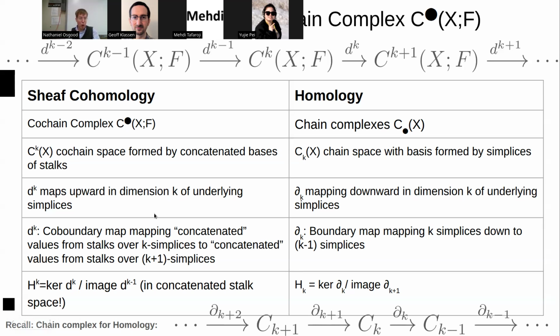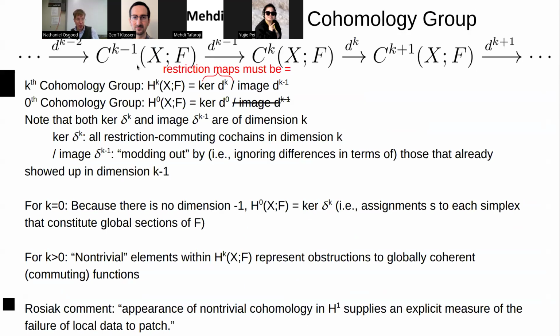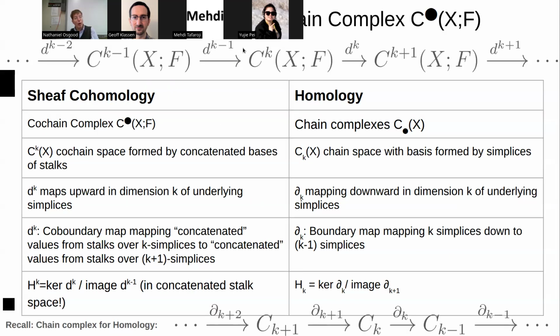What are we doing here? What are these coboundary operators? Well, they're the ones that take the data for dimension, say, k minus 1, and turn it into discrepancies for what we are hearing from things of dimension k.